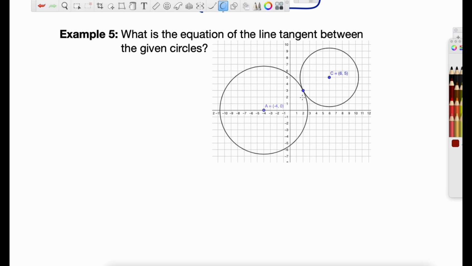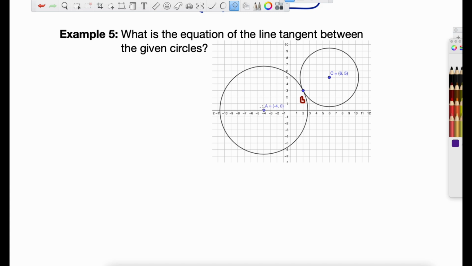Let's call this point B. Is A, B, and C collinear? It's pretty important, because if they're not, it means that B is not going to be the point of tangency.